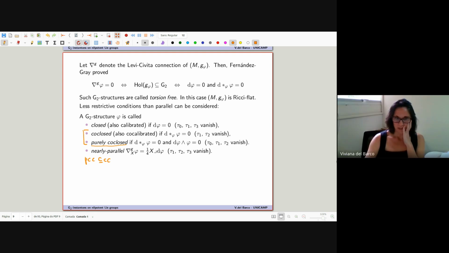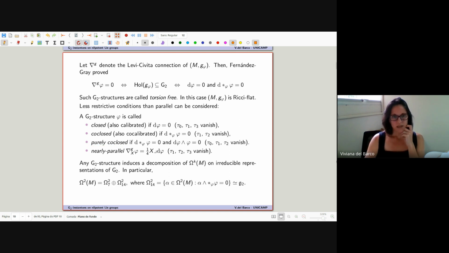So, okay, I wanted to mention that purely coclosed is inside coclosed. It's a subclass of coclosed. And there are, of course, a lot of other classes that I will not mention, but they are also considered. So let me say that any G2 structure on a manifold induces a decomposition of the bundle of k-forms.